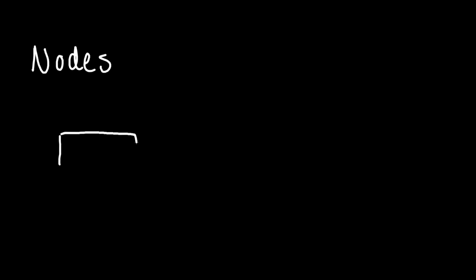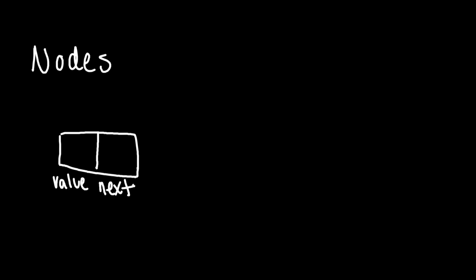So I like to draw it as a little rectangle, or just a box, that's split in two. And the first box is going to be the value. So let's just say value there. And the second box is, well, these boxes represent the attributes of the class you are going to write, or the object you are going to write in code. So the first attribute would be the value, and the second attribute would be called next.